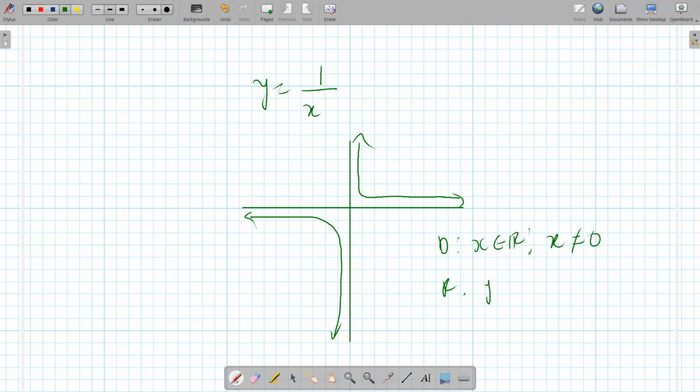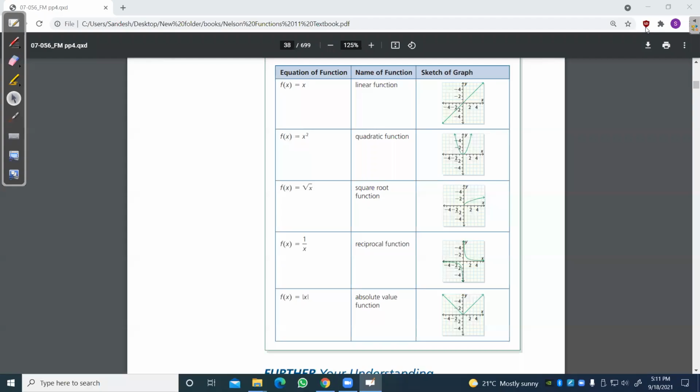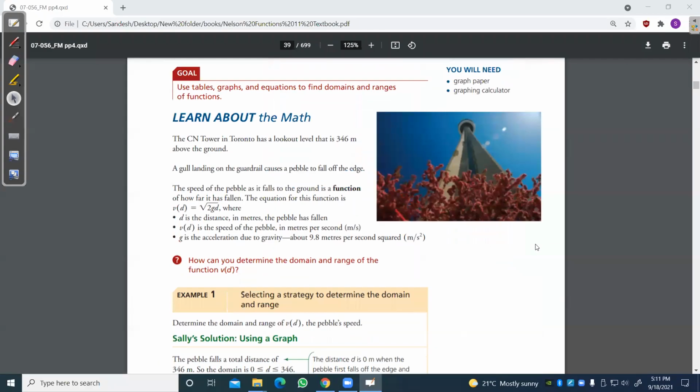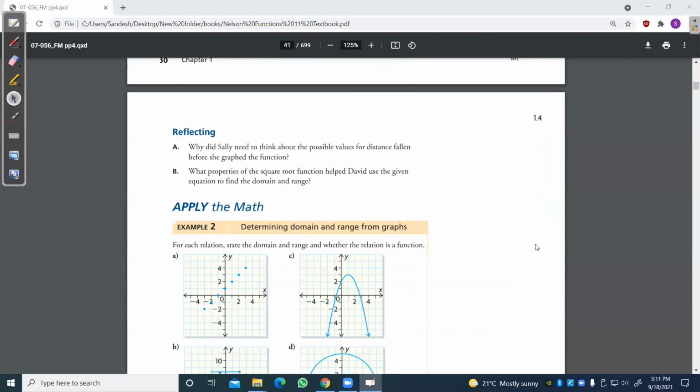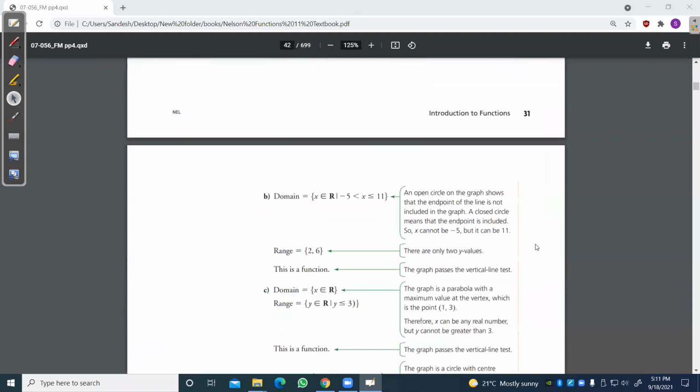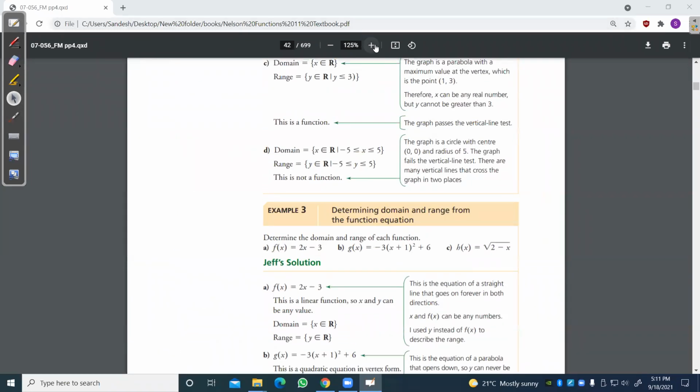Same thing with the range. y can be anything. y is an element of all real numbers, except y cannot be 0. And that is the reciprocal function. That one's pretty easy.